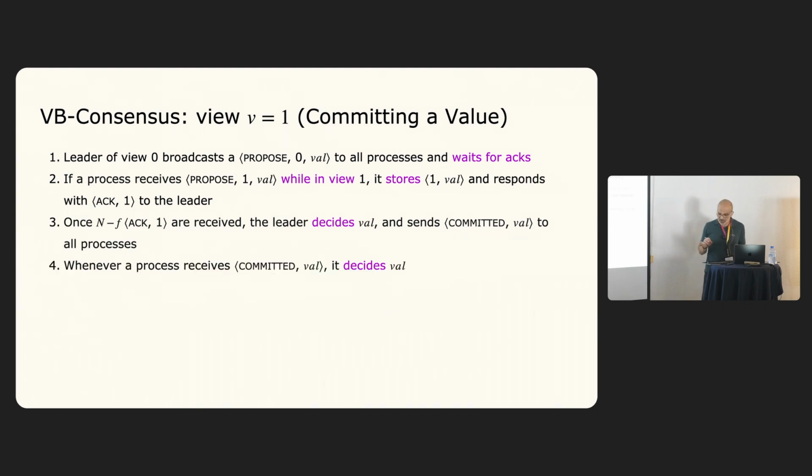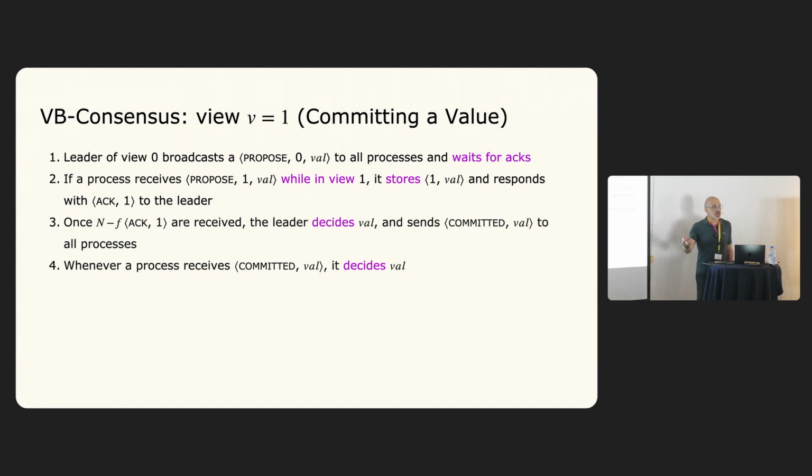Okay, so this protocol is just a general protocol for committing a value in any view. As we're going to see, in a view greater than 1, the protocol is going to be a bit more complicated. So we first need to find out if something was committed in the previous views, right?